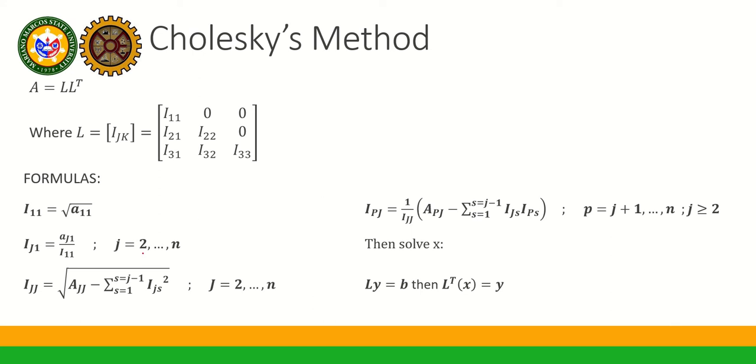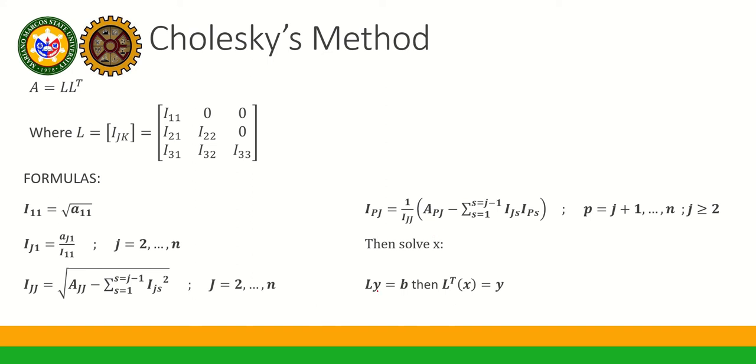So, start from j equal to 2, this will be the formula to be used, as well as here, provided that s is equal to j minus 1. And then, for this one, i is greater than j, s is equal to j minus 1 and p is equal to j plus 1. Okay? So, upon solving these unknown elements of the matrix L, we can now solve for x.